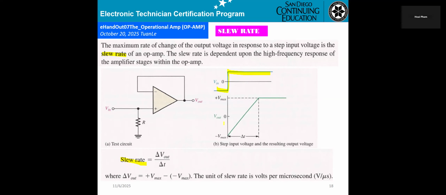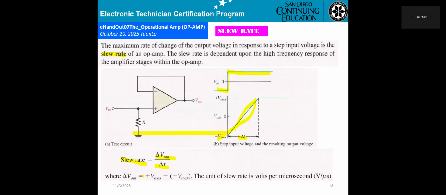However, the output does not go straight. Okay? You see, it goes this way. It takes a little time; delta T goes up. That's what they're talking about. Slew rate equals delta Vout divided by delta T.